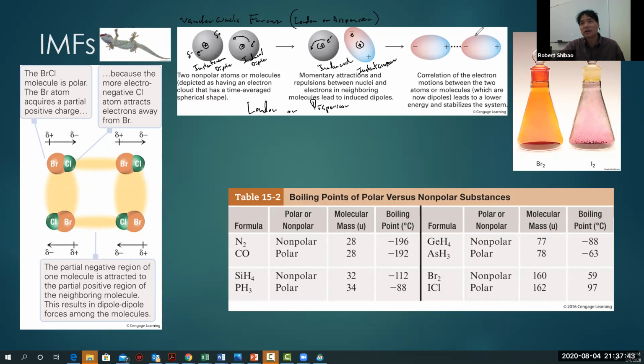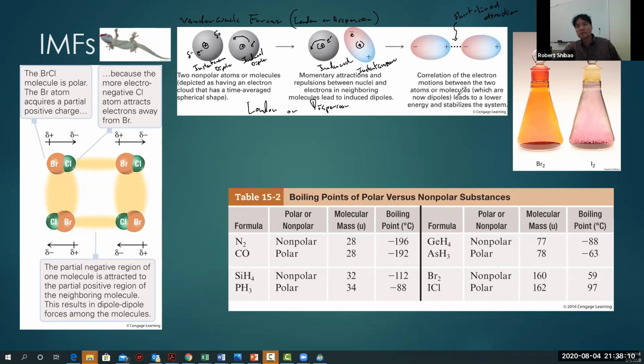So it's going to move again, and this is going to disappear. This is a short-lived attraction. It's going to break, and then a new one is going to form. This continuous breaking and forming of new ones leads to a net attraction. Over time, we get a net attraction between these two atoms or molecules.